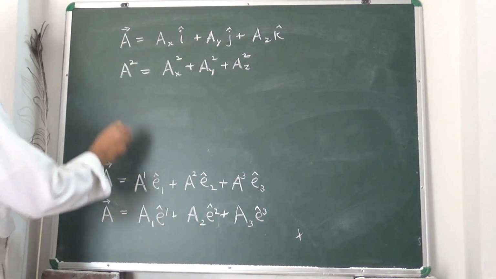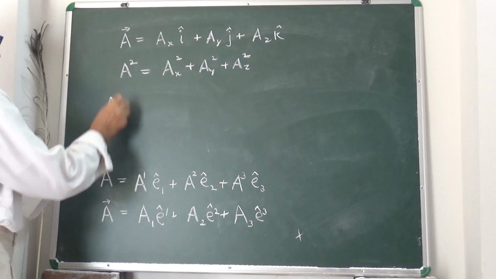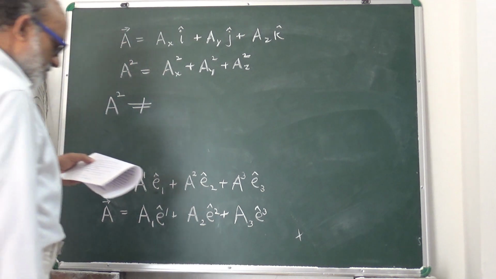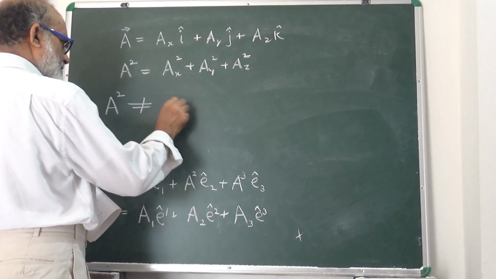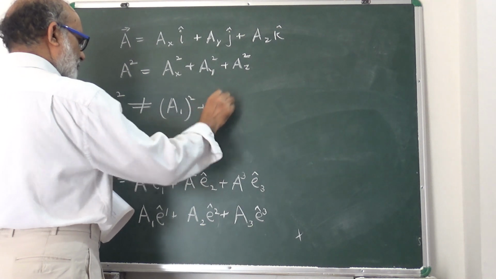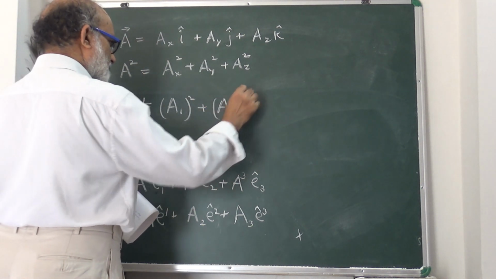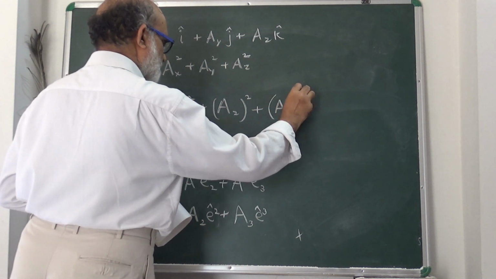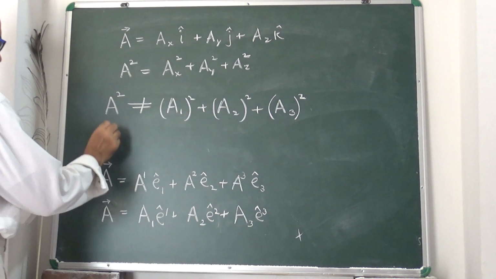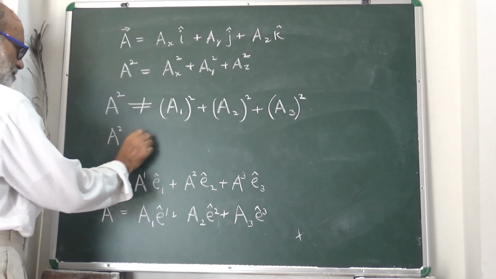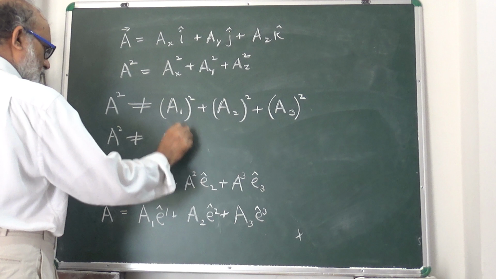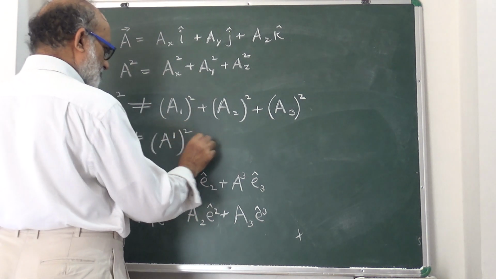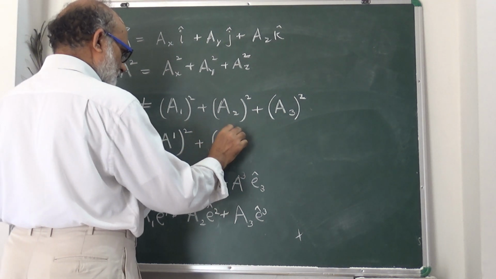If you work it out, you will find that it's not equal to A1 square plus A2 square plus A3 square. Also, you cannot write it like this, and you will not get an accurate result.